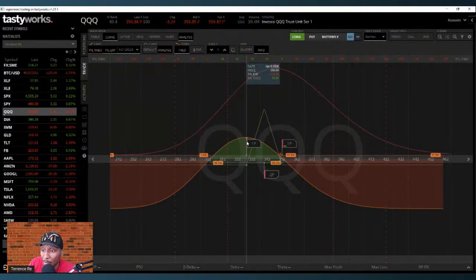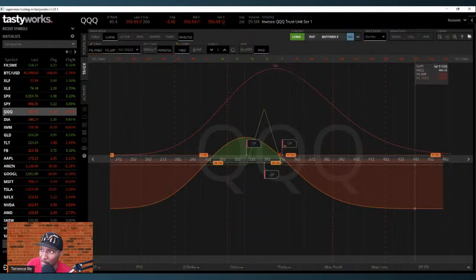If it got all the way to 328, let's say it got to 328, I'd make $55 today. If it just got to 340, I'd make $38 today. That's just today. This line is just showing today as of April 8th.